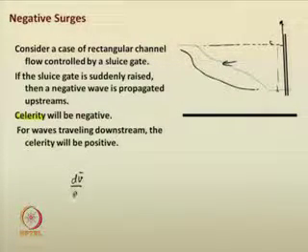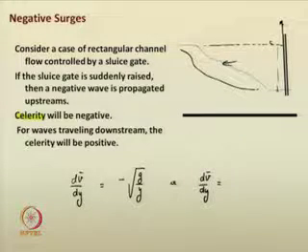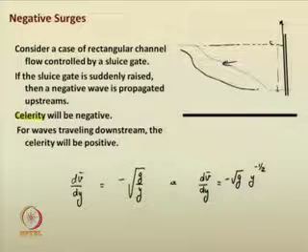So, dV bar by dy in this case is equal to minus root of g by y, or for convenience, since g is a constant, I am writing minus root g into y to the power of minus half, right.